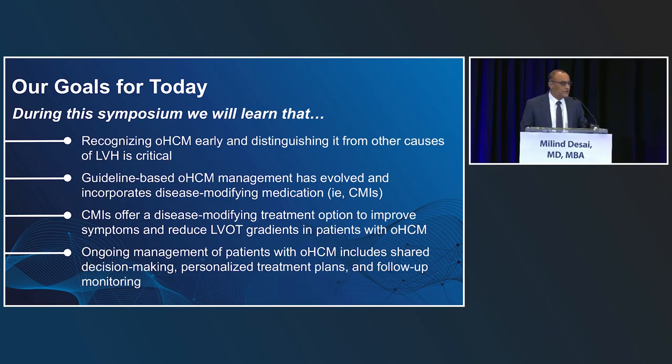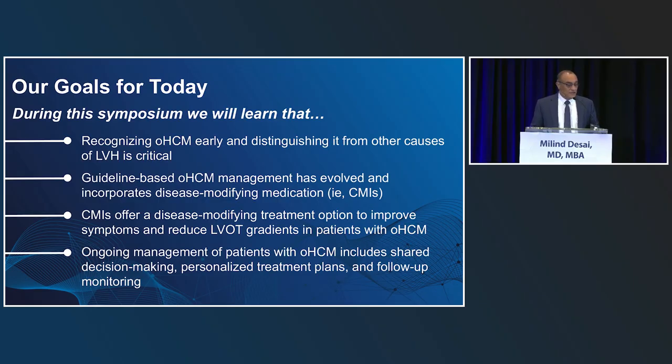What do we plan to achieve today? Recognition of HCM, especially obstructive HCM, is crucial. It needs to be done early, and separating it from the phenocopies and different phenotypes. Where are we in terms of guideline-based obstructive HCM management, and how do they incorporate novel ways of thinking, including therapies?